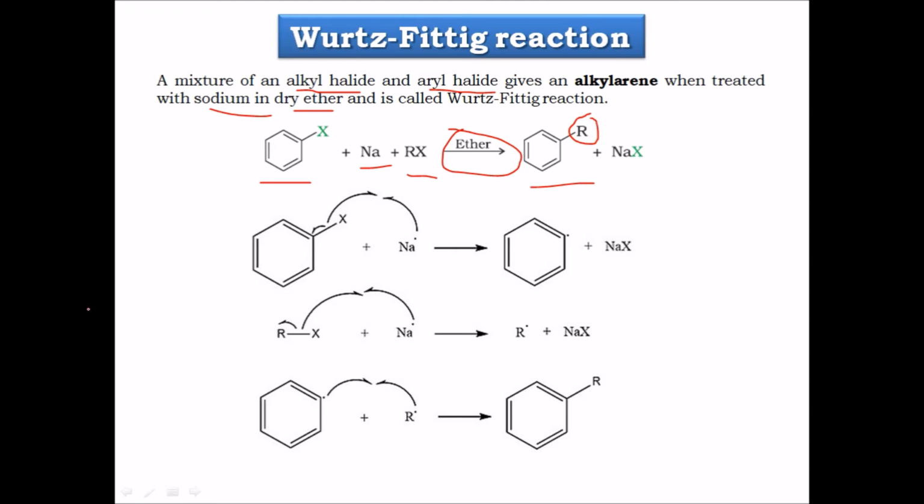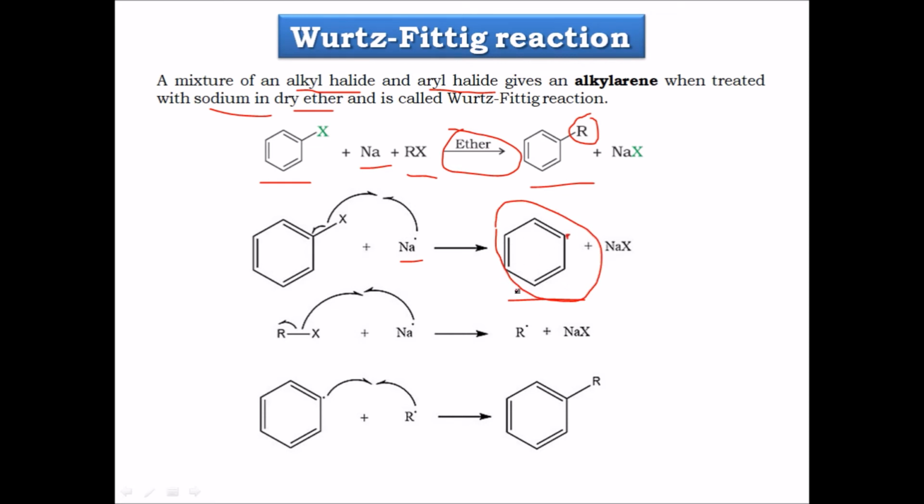Let me take the mechanism for this reaction now, exactly the same as the previous reaction. At first, sodium gives 1 electron, and the bond between carbon and halogen is broken in a homolytic fashion, resulting in the formation of a phenyl free radical. As you can see, the carbon has 1 unpaired electron.